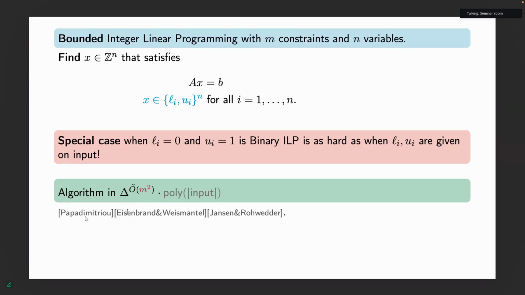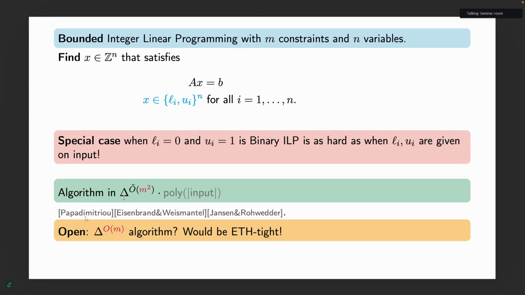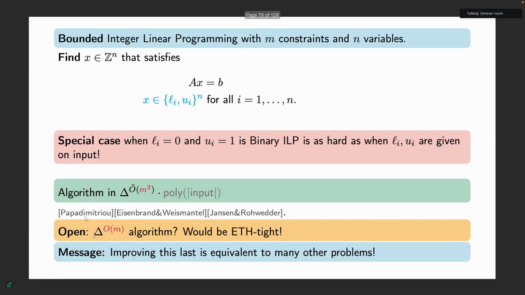Fritz spent a significant amount of time trying to match his algorithm for unbounded and bounded ILP, and we still don't know. The best lower bound is the same as for unbounded, so it's possible that there could be a delta to the order of m algorithm. We tried to prove some lower bound for that, and we failed.